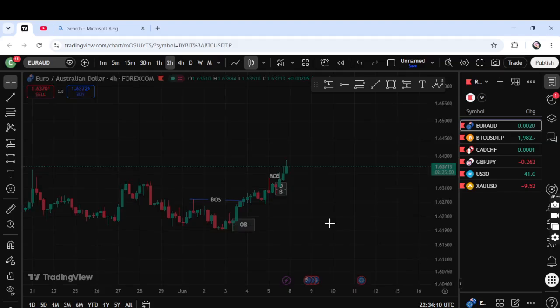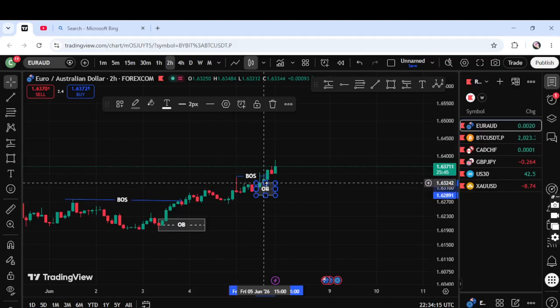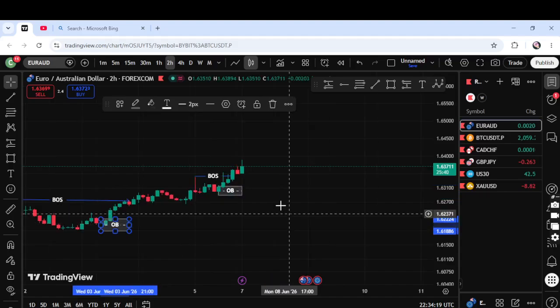Move down to the 2 hours time frame. We find the other block. It should be pending. Another break of structure here.